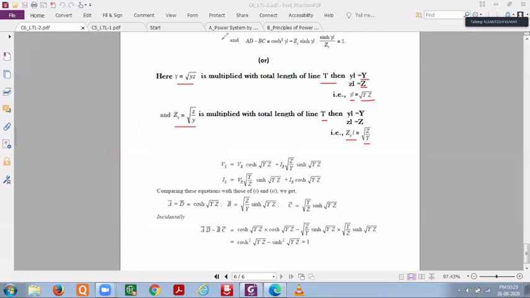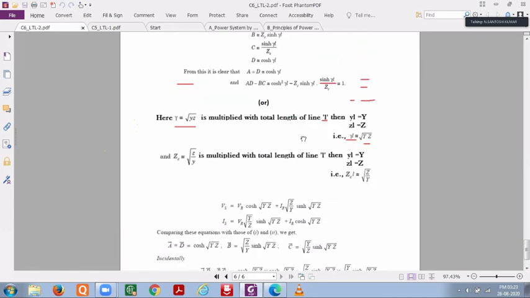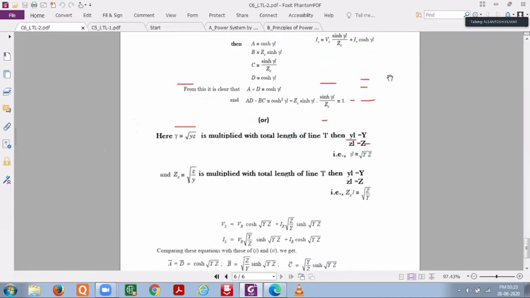In previous equations we were writing gamma L like that. Instead of using gamma L directly, if you write in terms of impedances and admittances, it will be easy. But both make the same sense. They give the same meaning.